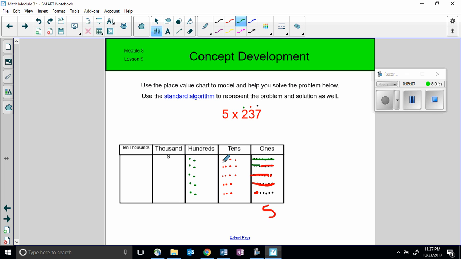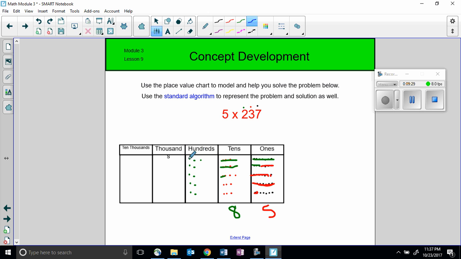Same thing, 4, 8, 10, and then I have 2, 5, 3, 4, 5, 6, 7, 8 left right here. And then the last one is 1, 2, 3, 4, 5, 6, 7, 8, 9, 10.